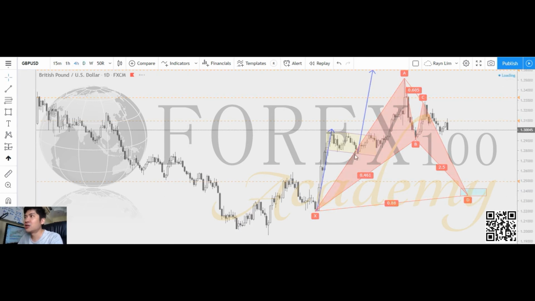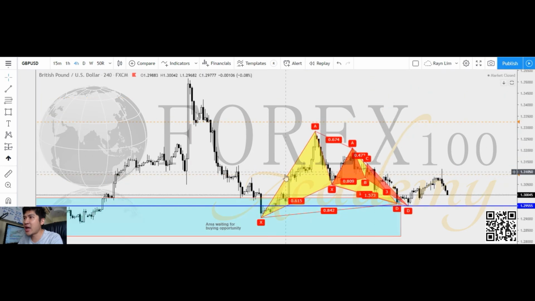Got it? Down to the 4-hour chart. On the 4-hour chart, there is an overlap pattern. In the overlap pattern, we have a bullish Gartley that has reached the first target. And of course, we have a crab pattern. No doubt on the second completion of the pattern, or rather a retest on the Gartley, the price flew off.